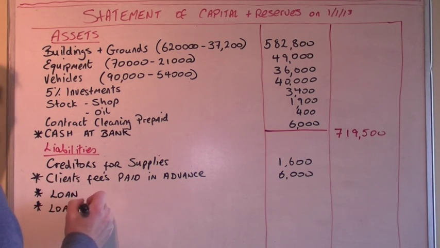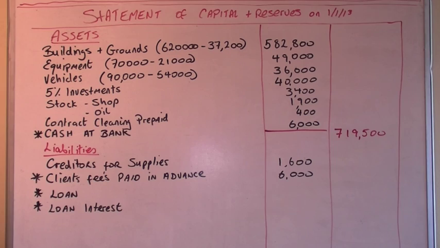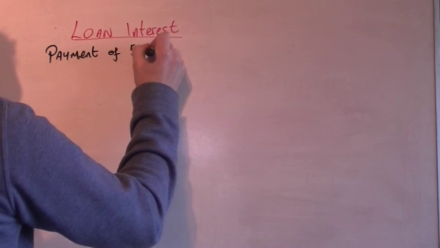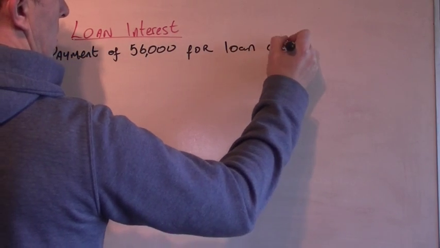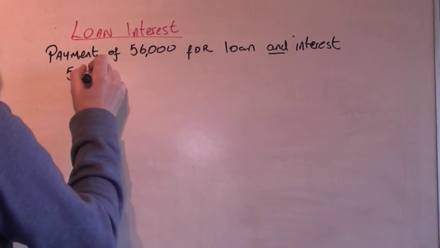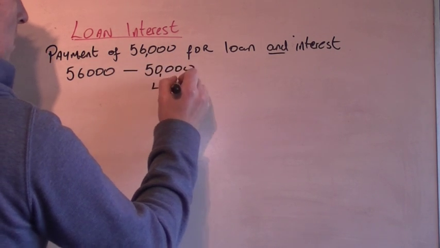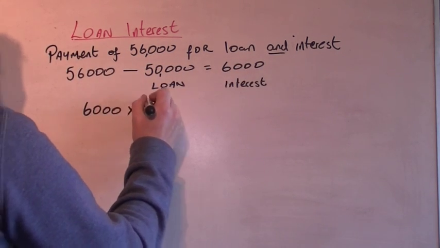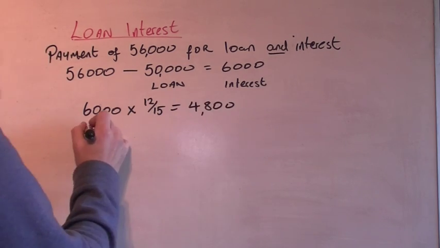The next two items I have highlighted as well, because neither of these appear in the top paragraph. You have to go to the payment section of the receipts and payments to see the loan and the loan interest. Well, with regard to that, it tells us that there was a payment of 56,000 for the loan and the interest. Now the loan of 50,000 means that the interest was 6,000.